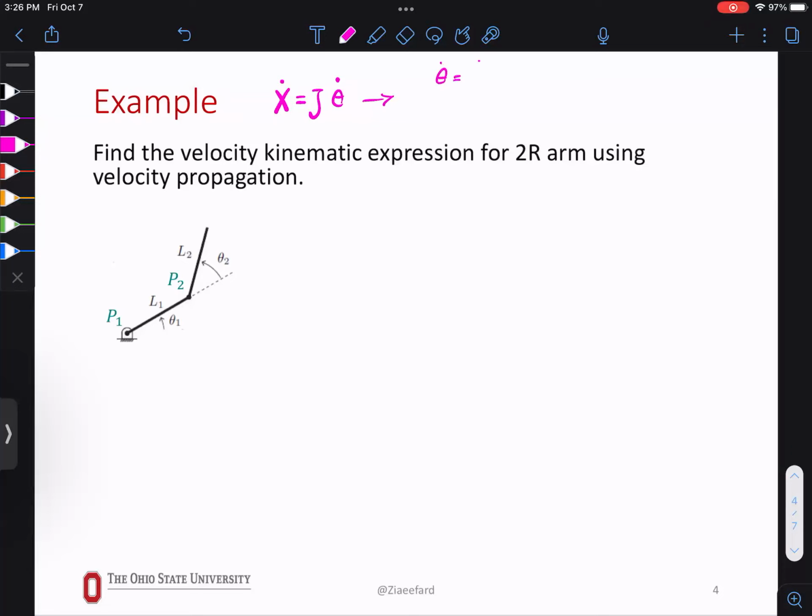Theta dot is theta dot 1, theta dot 2, right? Because I have only 2 joints, correct? And what is x dot? It is the velocity of your end effector, right? We see that in 2D, we find the x direction and y direction, then we're good. So all we have to find is that J. What's J going to be?